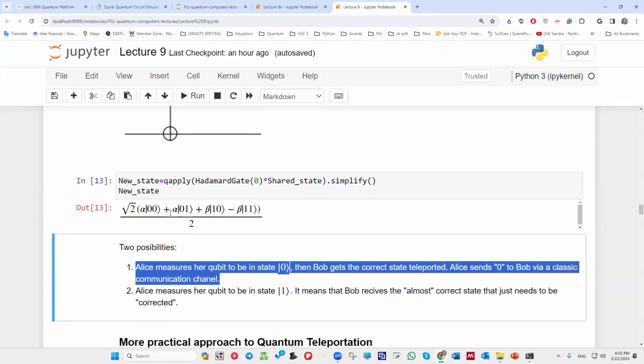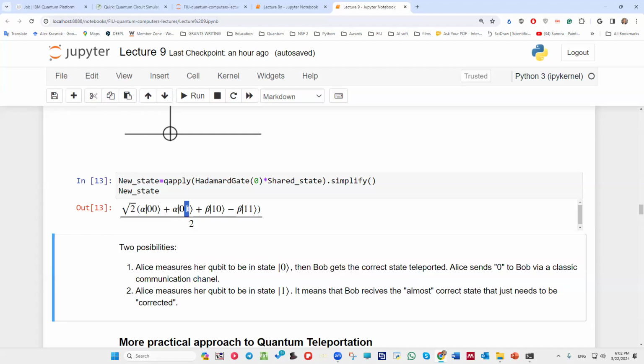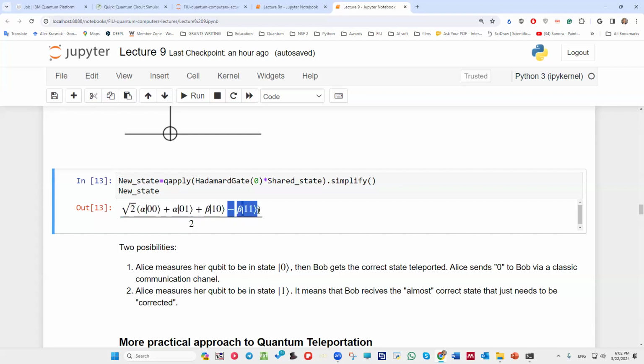However, if she measures her qubit and finds it in state 1, obviously Bob gets the qubit described by these two terms. So it is alpha 0 minus beta 1. This is almost the state of interest, different only in sign, right?